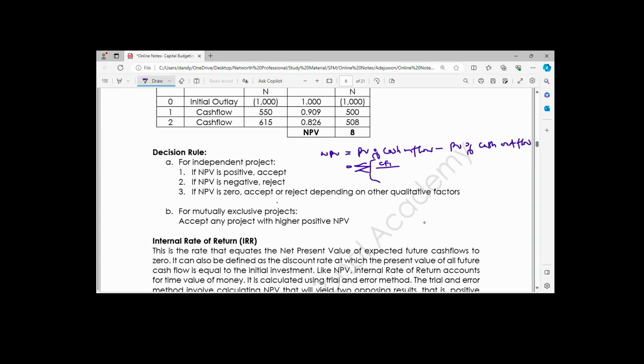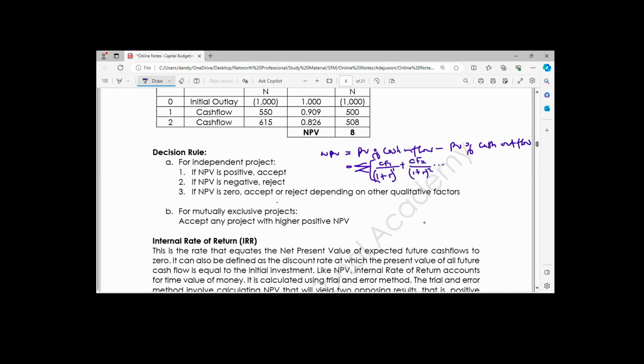Okay then. So 1 plus the cost of capital of year 1, plus the cash flow of year 2 divided by 1 plus the cost of capital of year 2, on and on until the final year.